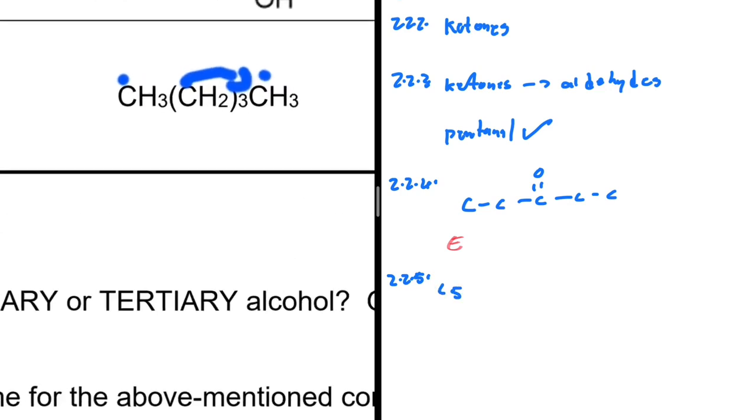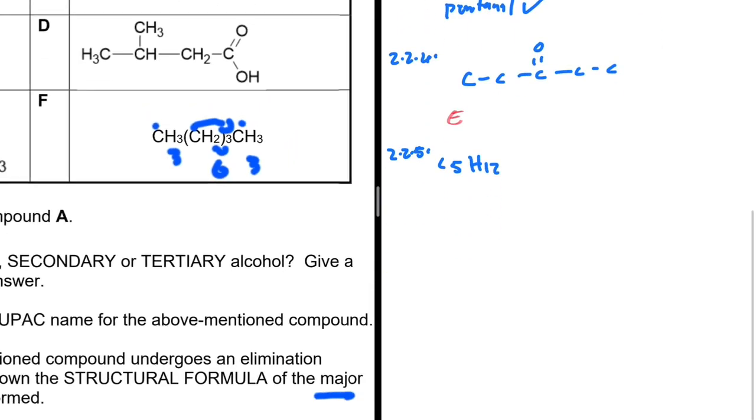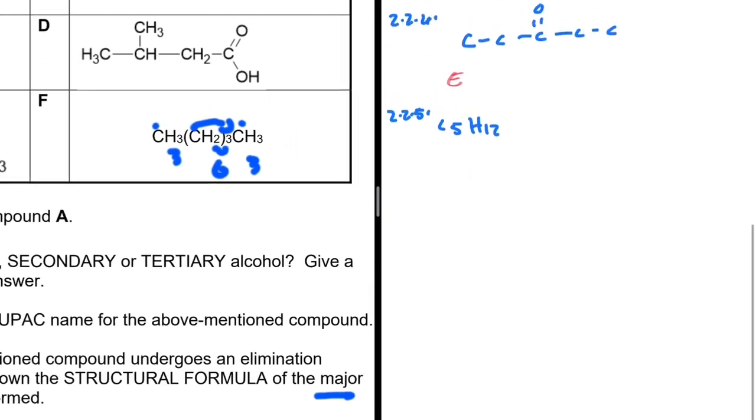How many hydrogens do we have in total? We have these 3 here, we have these, which gives us 6, and we have 3. So that is 12, so H12. And then it is a combustion reaction, so it is excess oxygen to give us CO2 plus H2O. We just need to balance this equation.